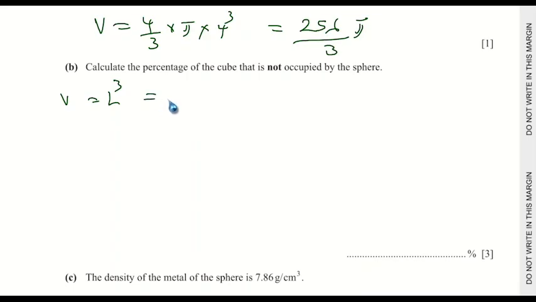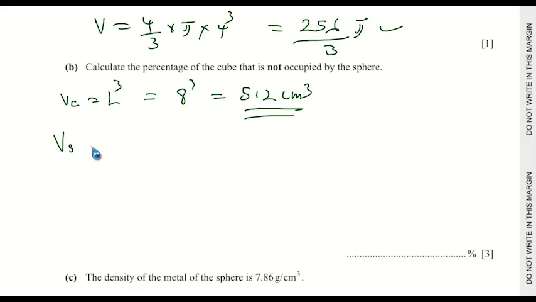and that will be 8 cube, which is 512 centimeter cube. Now the volume of the sphere is already this. We just have to key in the value there. Let's say V subscript C is the volume of the cube.